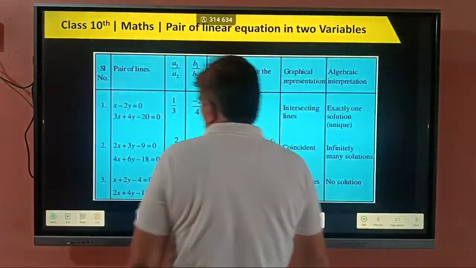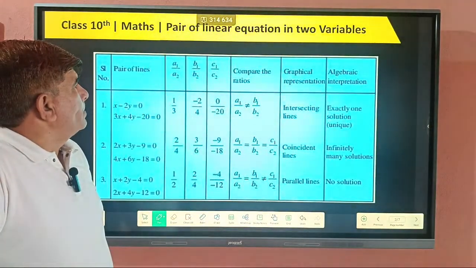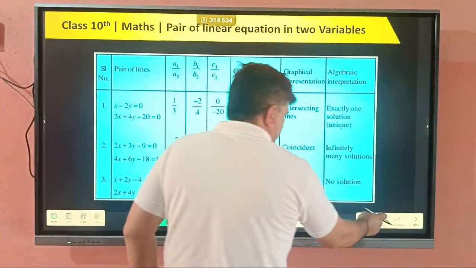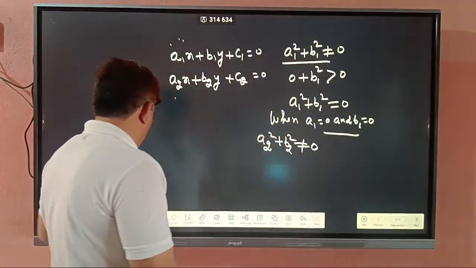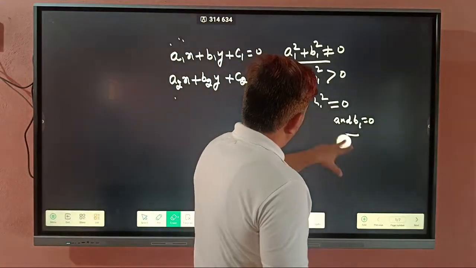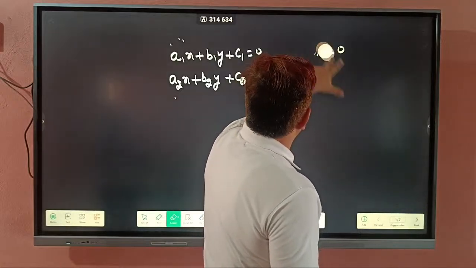Yesterday I told you about this, and I am revising it again. We have a linear equation in two variables. What possibilities are there?